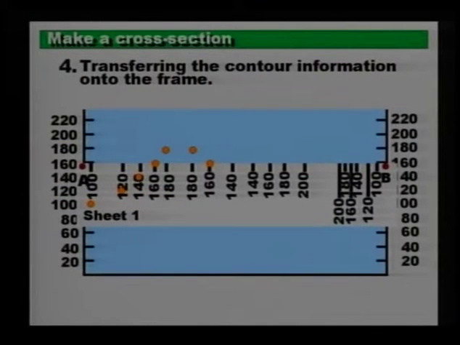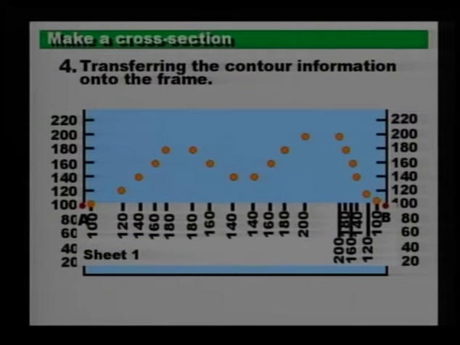Then there's another 180 again. Then you come back down to 160. And if you did the plotting correctly, you should have the dots as shown on the monitor here in this shape, from here up, down, and then up again, down to where letter B is.